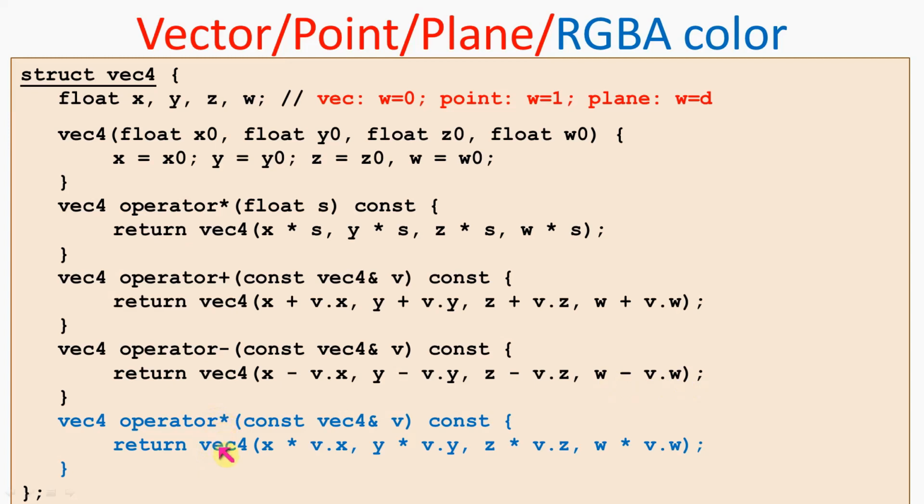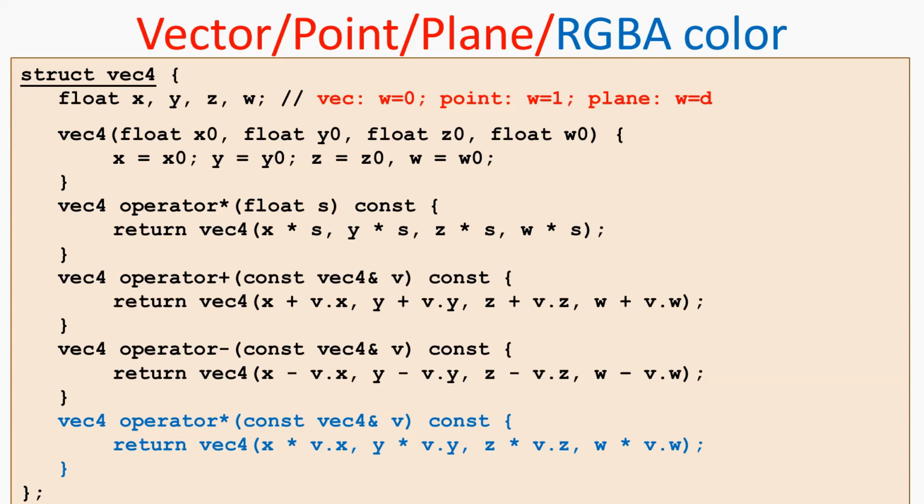Concerning the element-wise multiplication, this operation doesn't make sense for vectors, points or planes, but it is really useful for colors, because when we know the own color of a surface and the color emitted by a light source, then the color reflected will be just the element-wise multiplication of the light source color and the surface color.